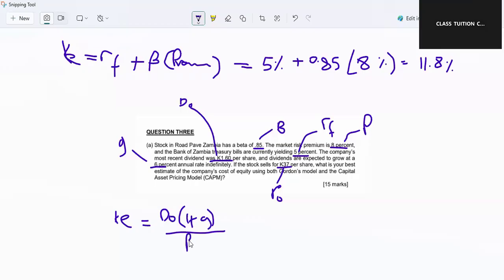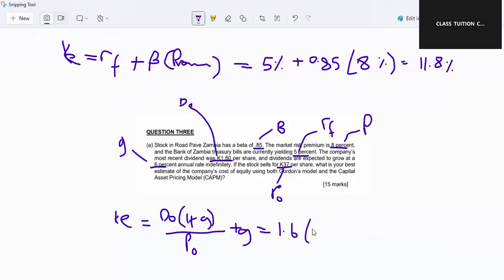So what is our D0 there? We're going to put 1.60. Then 1 plus growth.